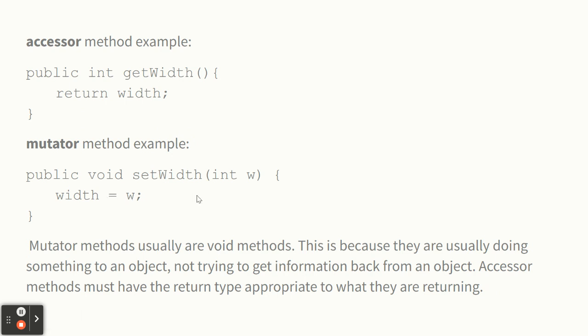Mutator methods are usually void, because you don't have to send something back. Like if you say, hey, set the width to 7, the code's going to do it. You don't have to go, I set it to 7. You could reply yes or true or something, but it depends on how you want to write your code. But usually a mutator method doesn't send anything back, but an accessor method sends back the data you're trying to access.